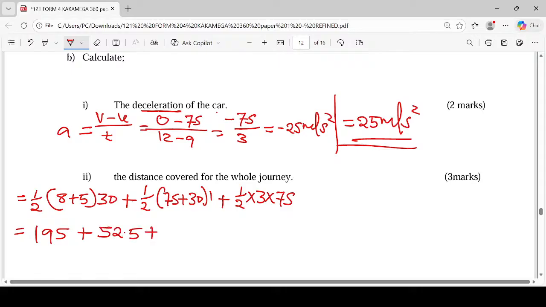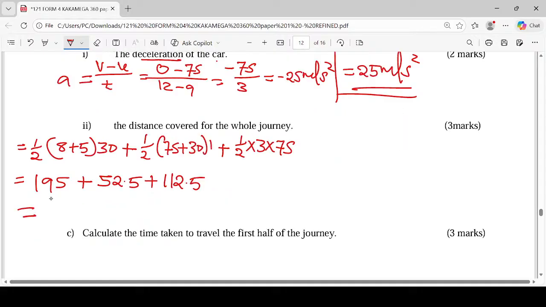Then plus a half by 3 by 75, that is 112.5. When you sum all this, ladies and gentlemen, let's add all of this using our calculators. This gives you 360 meters as the total distance for the whole journey.